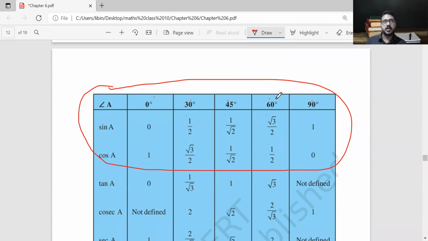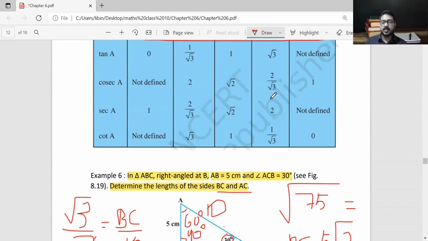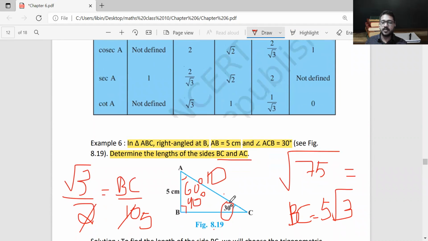Because if you have already learned it, then you will be thinking what is the value of sine 30, and you are remembering what you have learned, so you are relearning it, a kind of revision. And in that way we will be moving further.